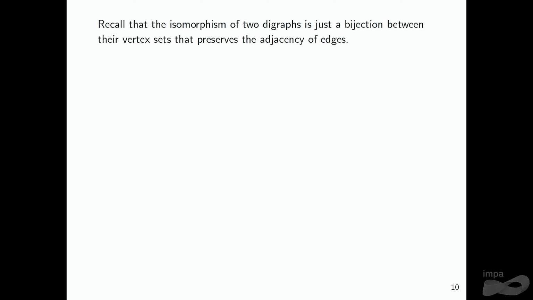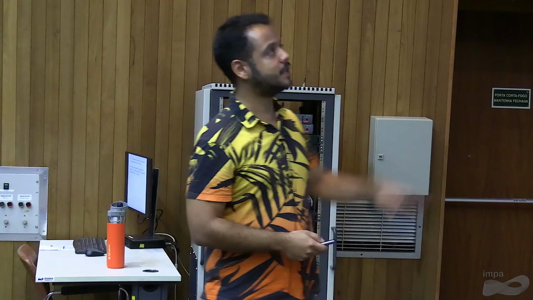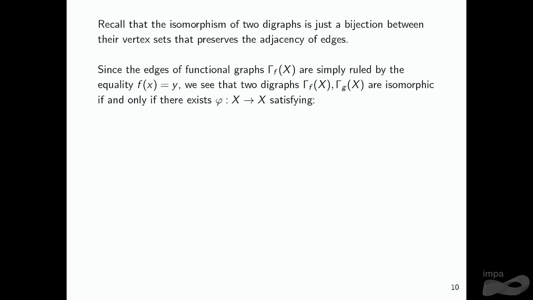And so I'm just recalling here the definition of isomorphism of digraphs. It's just a bijection between the vertex sets which preserves the directions of the edges. In the case of functional graphs, if I take the functional graphs of two functions over two sets, this corresponds to a conjugation between the two maps.